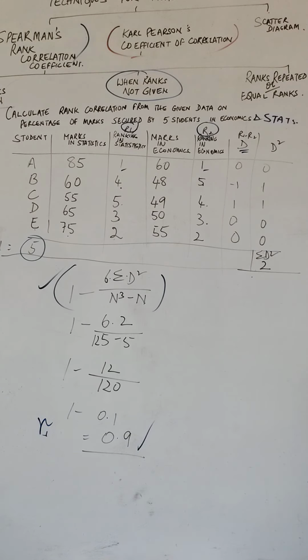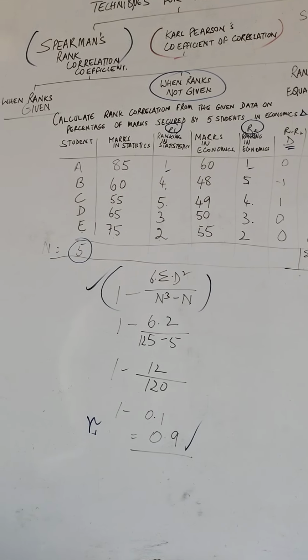It seems to be a very simple numerical, but whatever the numerical, you have to work it out the way it is given. Alright, let me see if you've got it clear.